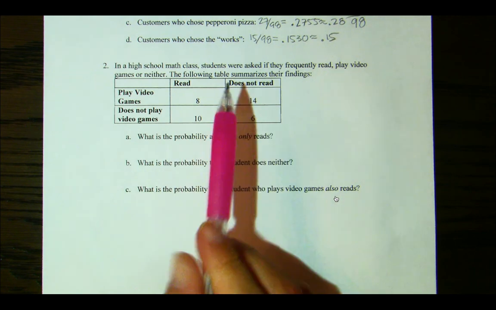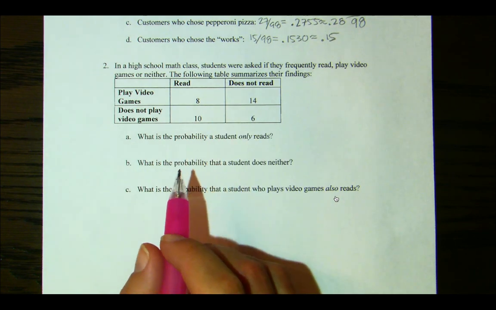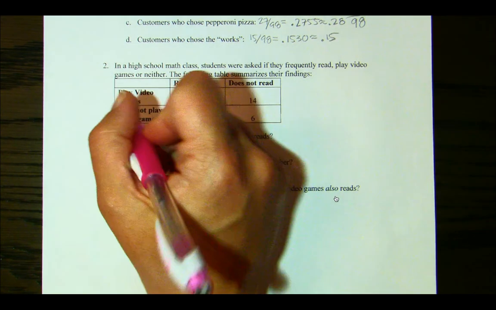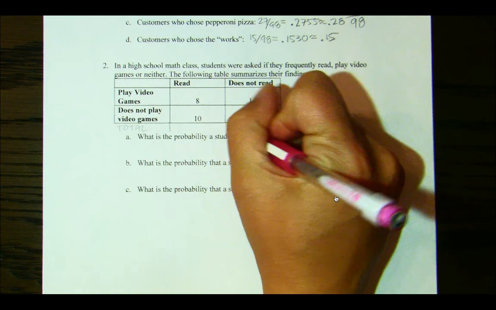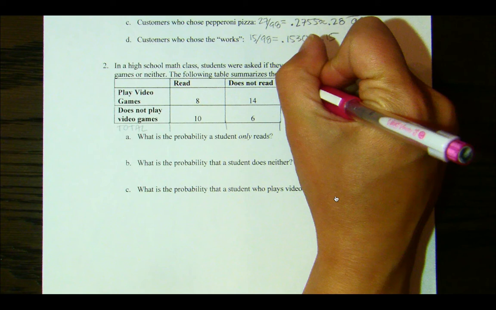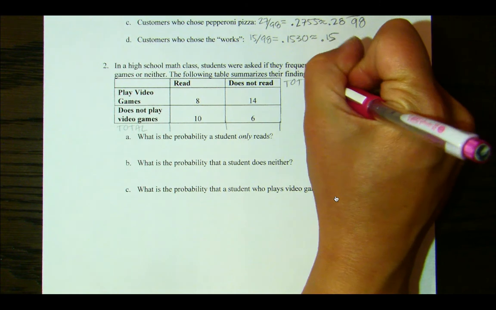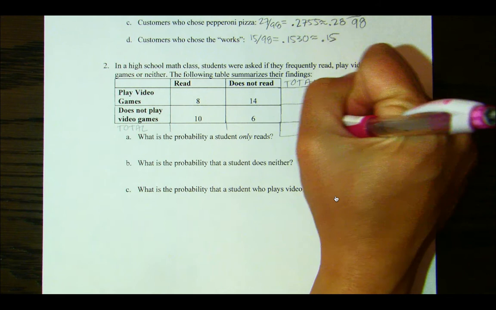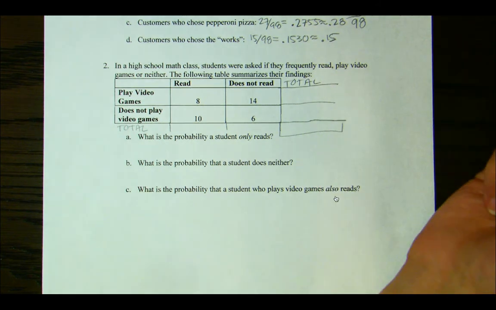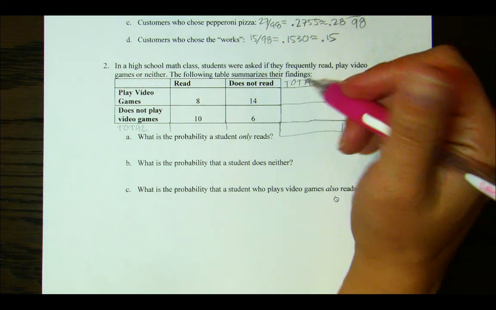I'm going to add a couple ones in here just so I know what my totals are. So I'm going to write total down here. And I'm going to make a total column right here. So I want to know how many total kids are in this class and what my totals are in general.